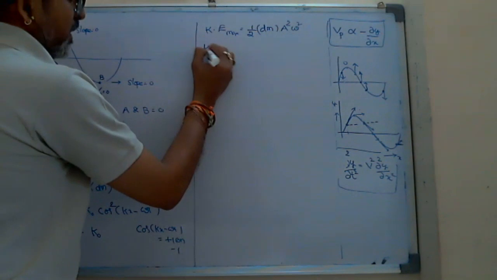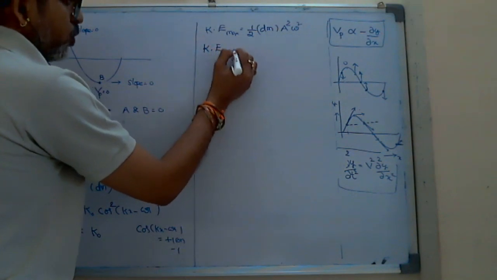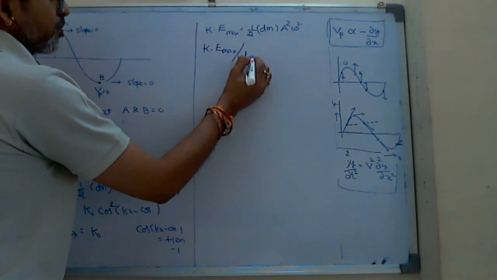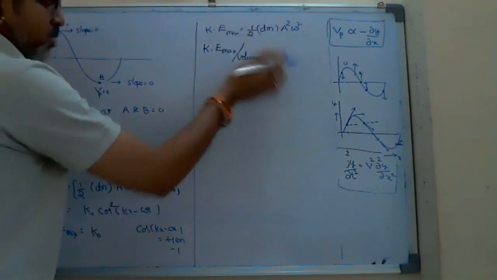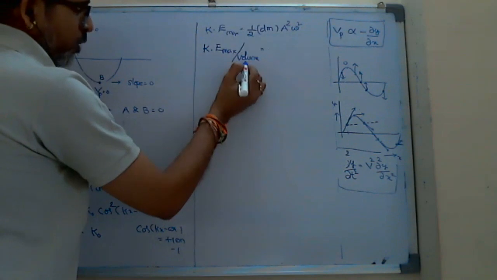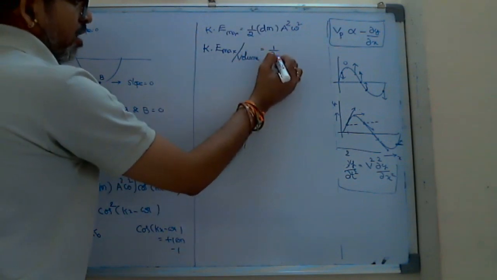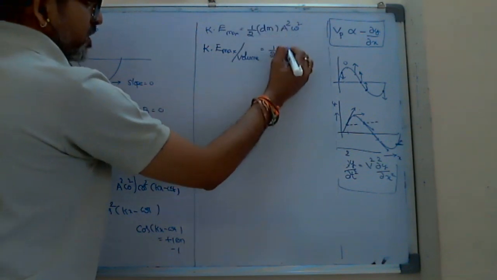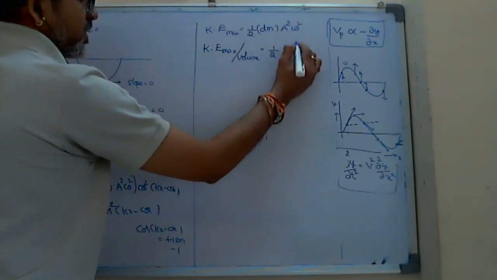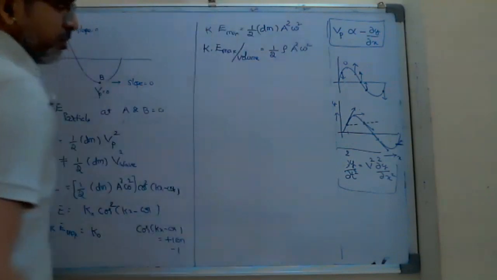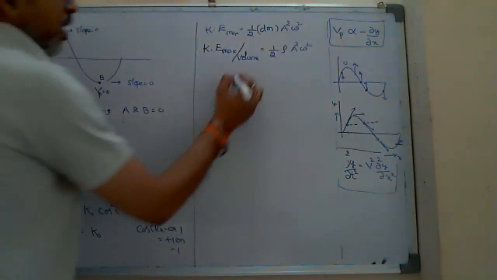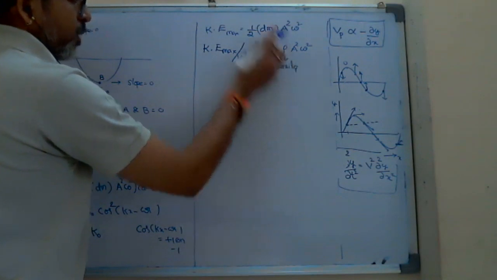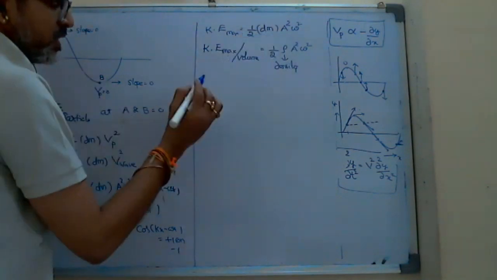So this KE max, per unit volume, means mass by volume. If you take half divided by volume, mass by volume is density, so half rho a square omega square, where rho is the density.